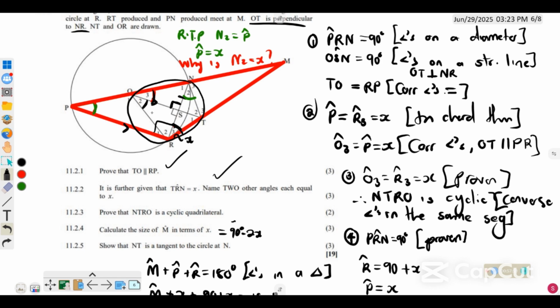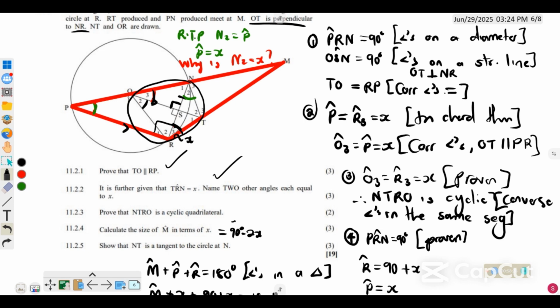How can we work this? Okay, that's not tangential. How can we find N2? I need a way to find N2. That's X there. Oh, you know what we can do?